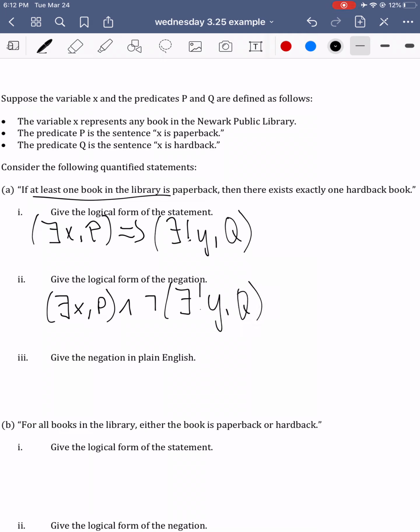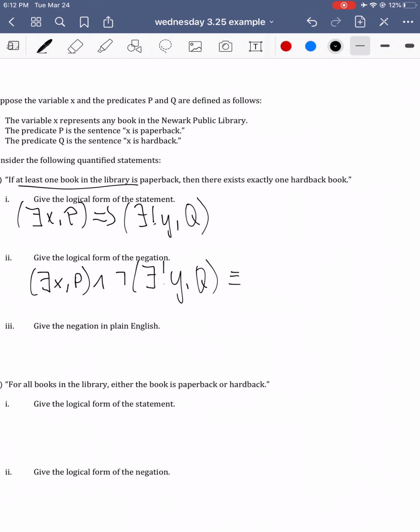And so to simplify this out, we would have there exists X such that P. And now again, to negate an exactly one quantifier, we get an or statement. So I need to be careful with my parentheses here.